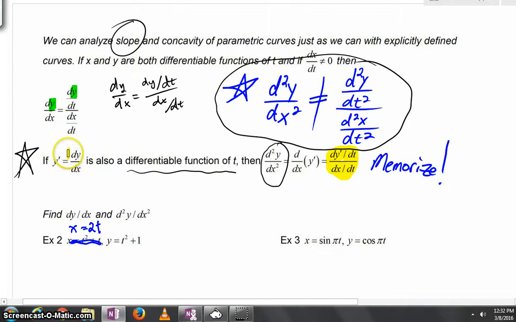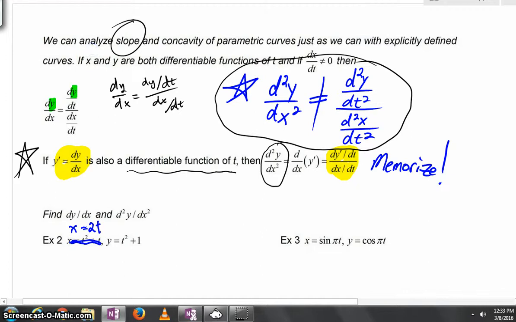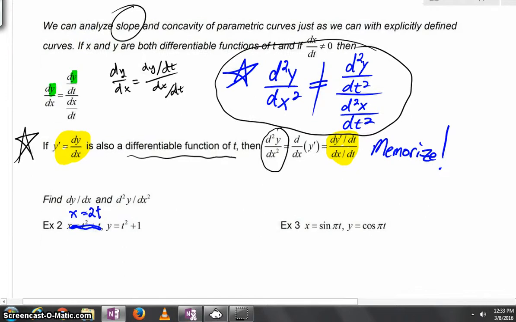Take d of y prime, the derivative that you just worked out, take it again with respect to t, and then divide by dx/dt.